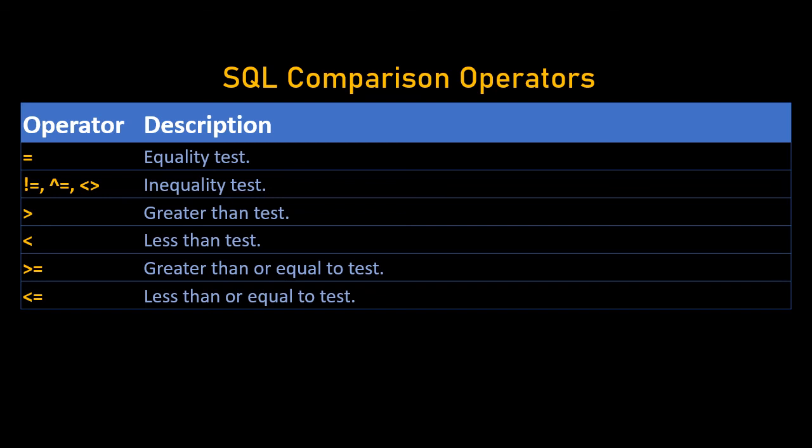In this session we learned SQL comparison operators like equal to, not equal to, and we'll be using these signs for not equal to. Then we have greater than, less than, greater than or equal to, and less than or equal to. These are the comparison operators we learned today. In the next sessions we'll be learning more about logical operators.